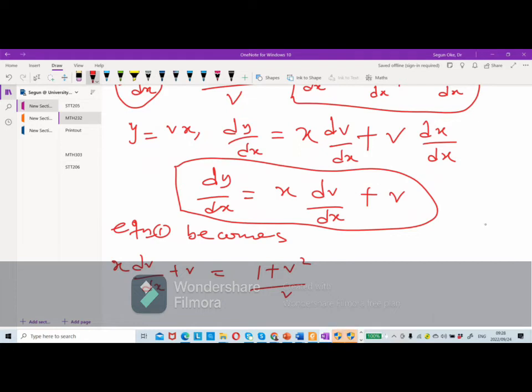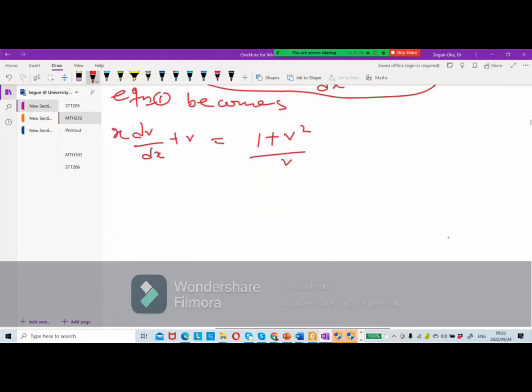So I can now divide this side again. I can say x dv/dx plus v is equal to 1 over v plus v squared over v. This one will cancel this, right?